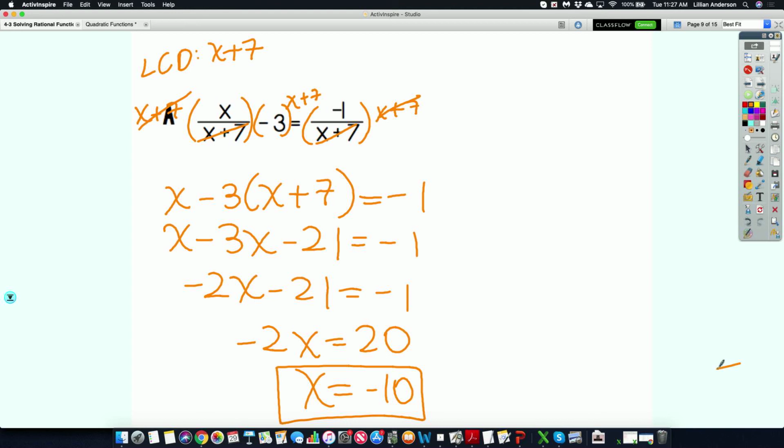Negative 3, something that exists. If I plug in negative 10 into my denominator only, it gives me a value that's not 0, right? That's one of the ways that you can check to make sure that you got the right solution if you don't want to plug negative 10 in for every x to make sure the left side equals the right side. So just as long as it's not 0 and it's right.